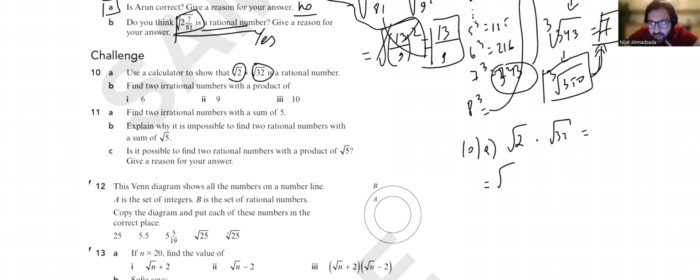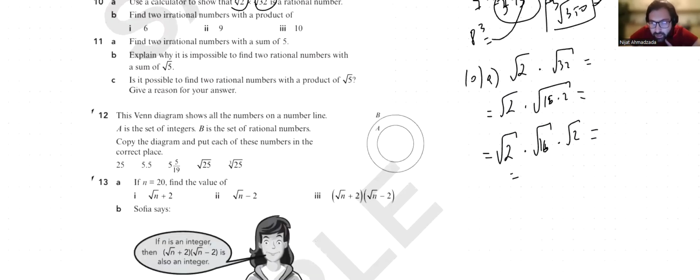Square root of 2 times 32 is 16 times 2, right? Very good. And in a square root, we can just separate the roots if it is a multiplication. So that is equal to, so what was 16? Square root of 16, it's just 4, times square root of 2 times square root of 2.